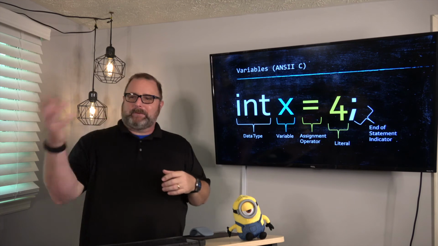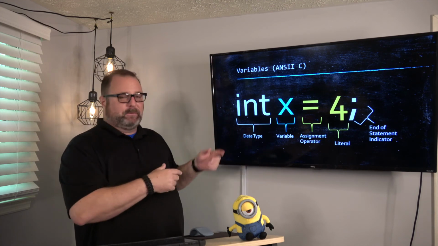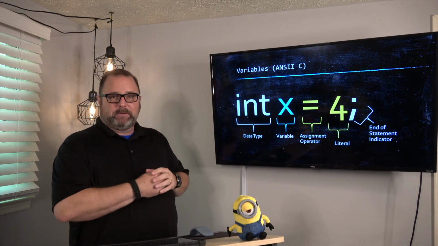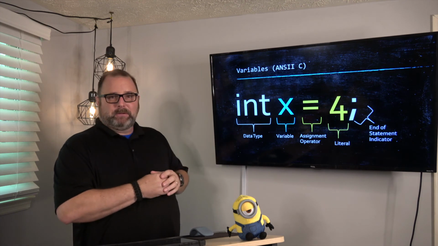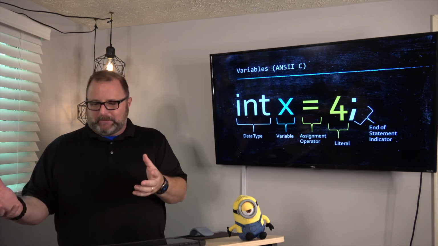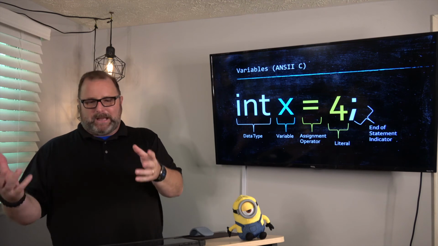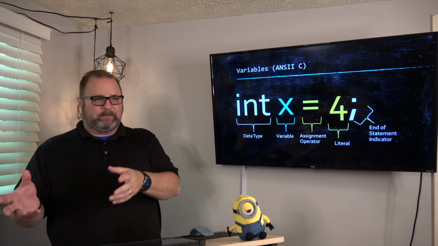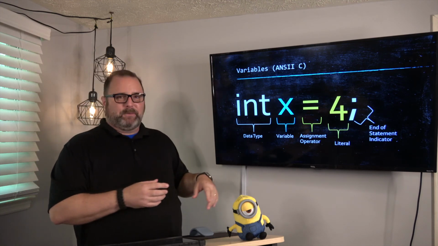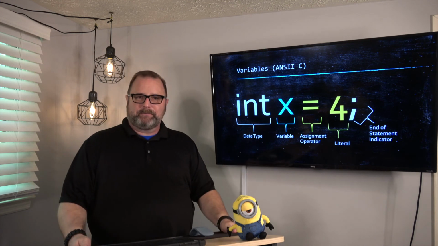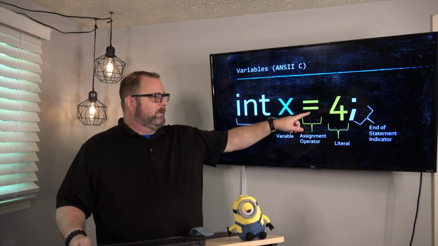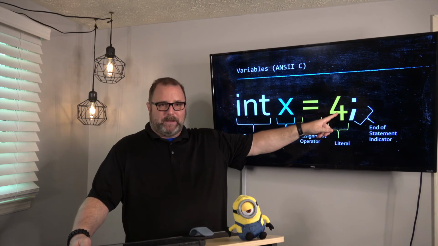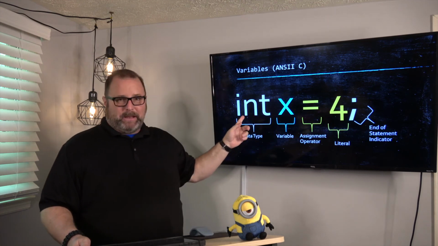If I have some custom data type trying to stick it into an integer, it's not going to make sense. This is 4 bytes long. If I have some object that's like 37 bytes because it's a class with methods and fields, and I'm trying to shove 37 bytes into 4, it's going to go, what are you trying to do? Okay? So the data type of whatever is evaluated over here has to match.